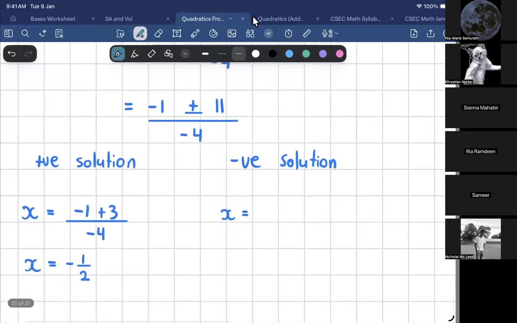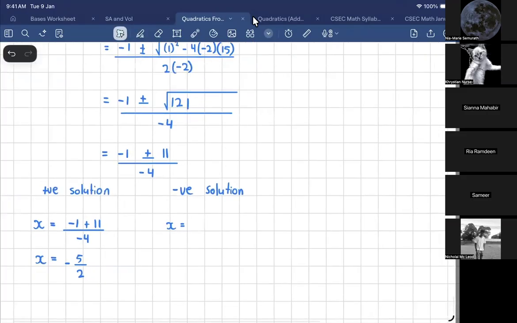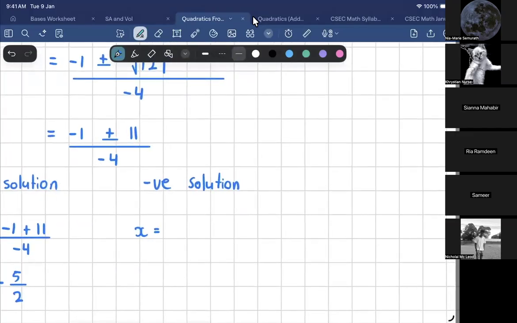So minus 1 plus 11, right? That would be 10 over minus 4. That'll be minus 5/2. I get that right? Yes, I get minus 2.5. And so Ria, find the negative solution there.